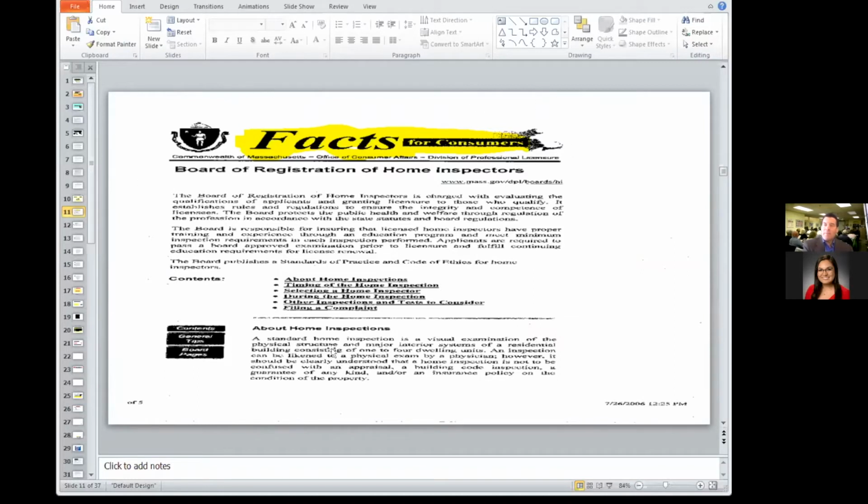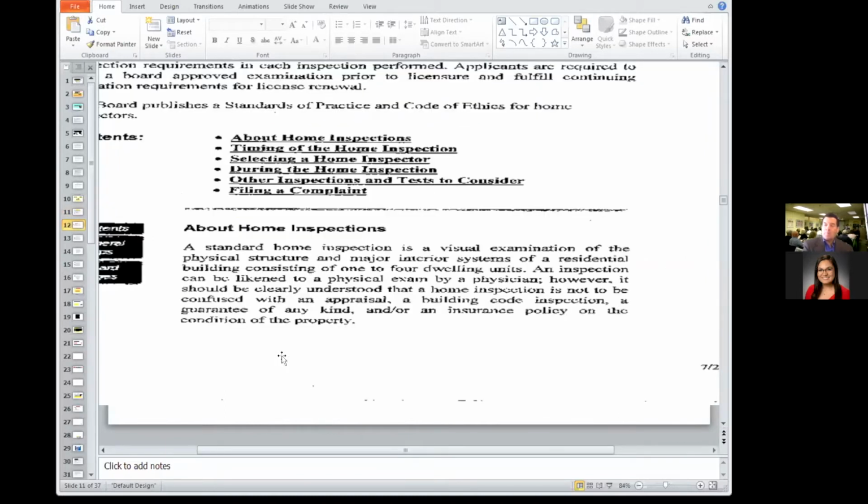This is real. Right here, let's blow this section right up. Boom. A standard home inspection is a visual examination of the physical structure and major interior systems of a residential building, consisting of 1 to 4 dwelling units. So if it's a 5 unit, then it really doesn't fall under home inspection law. There's a new class we teach called Residential Inspections.